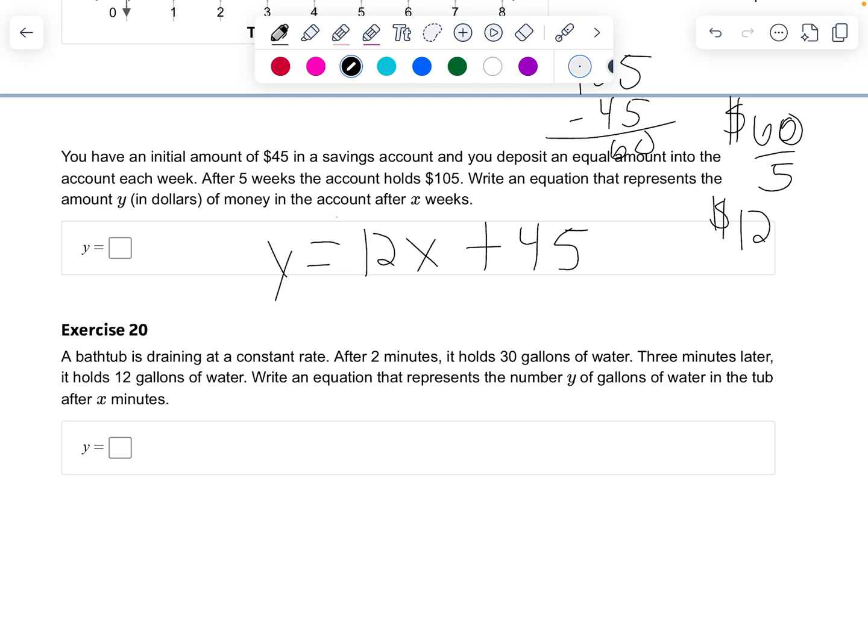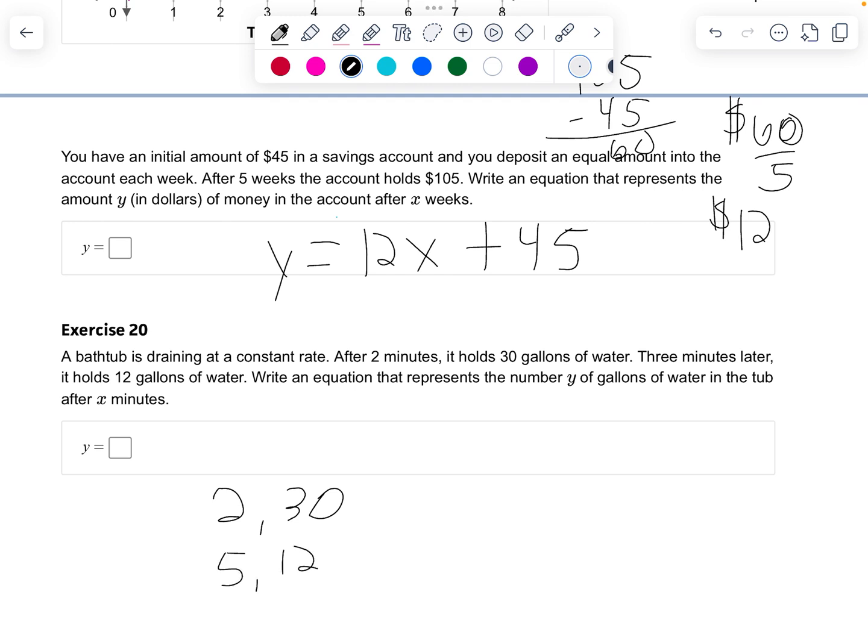So after 2 minutes, it holds 30 gallons. And 3 minutes later, that would be after 5 minutes, because 3 minutes later after 2 minutes is 5 minutes. So at 5 minutes, it holds 12 gallons.